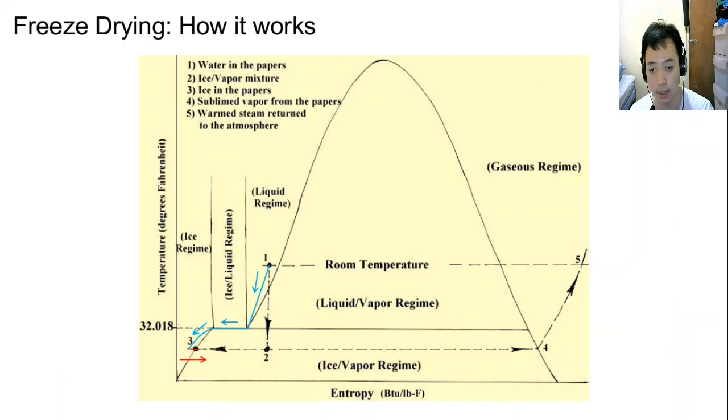Now, as you decrease the pressure even more, you'll go to this line called the triple line. At the triple line, the water will exist in three phases: solid, liquid, and gas or vapor. If you lower the pressure even further, the liquid portion is gone.